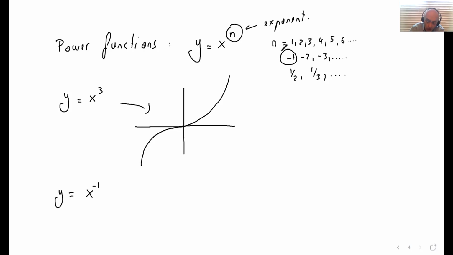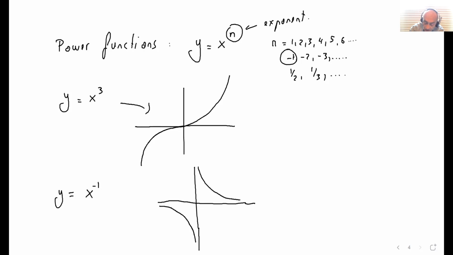So what does this one look like? Well, that's quite different from the one we just sketched above. If you look at this one here, it's going to look like this. This is called the hyperbola. And this is a totally different behavior from this one here. There's quite a difference between them.